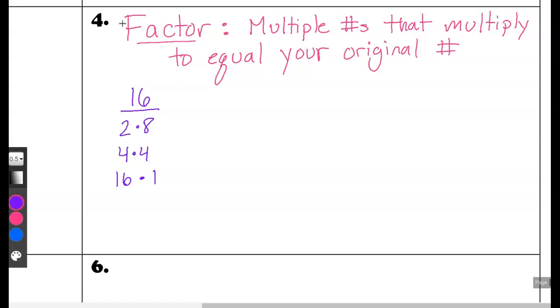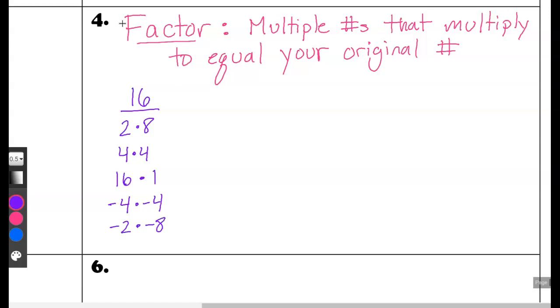We're going to step it up a little notch, and you may never have thought of these factors before. What if I told you -4 times -4 is also 16? -2 times -8 is also 16.